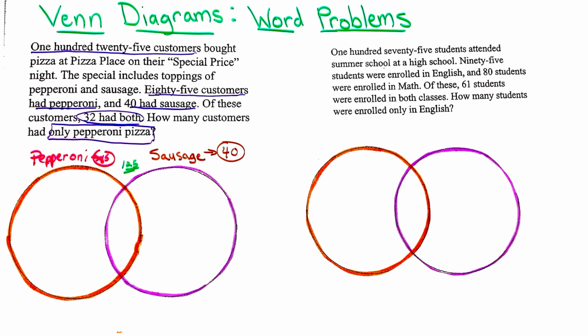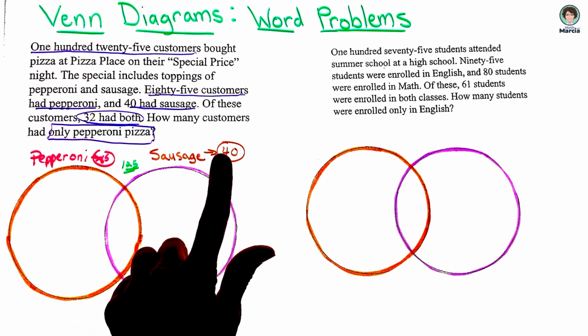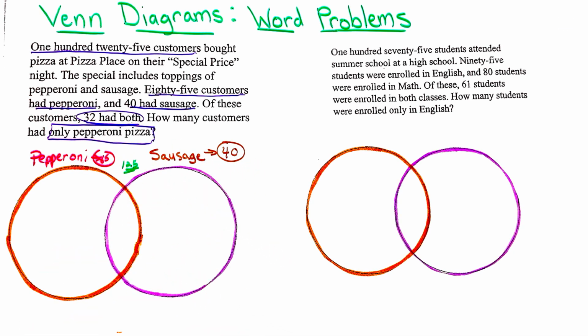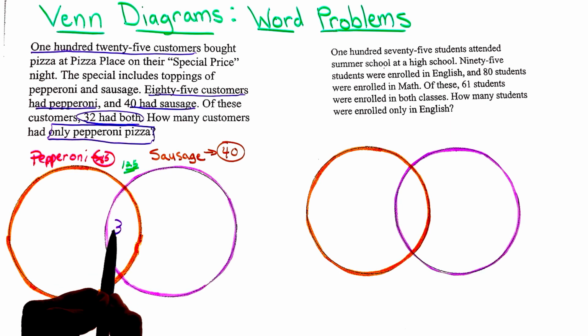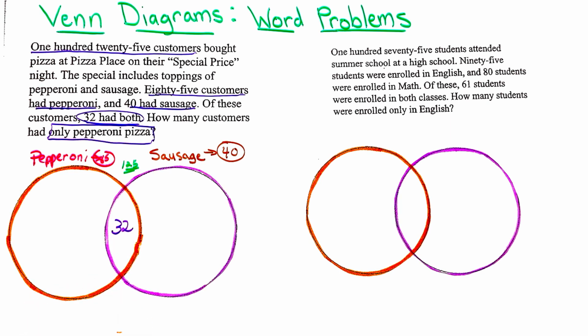All right, so now let's go ahead and we're going to put information into our Venn diagram. We know that 32 had both, and so that's where I'm going to start. This area, notice, it overlaps the pepperoni and it overlaps the sausage. So where the overlap is, that's where we put the number that had both pepperoni and sausage.